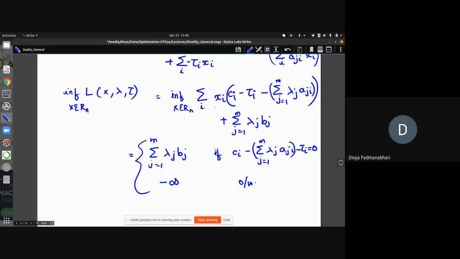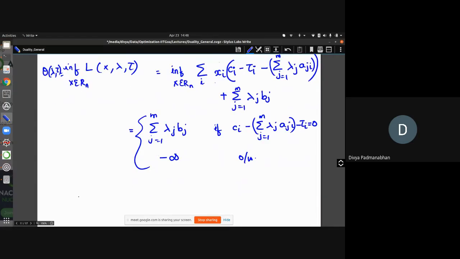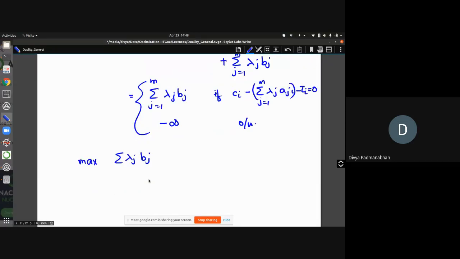So what we are interested in is the maximum value. So this is the value of theta of lambda, tau. And now you want to maximize this quantity. So the dual would just be maximize summation lambda_j b_j, which is just lambda transpose b in vectorized form, subject to these constraints.